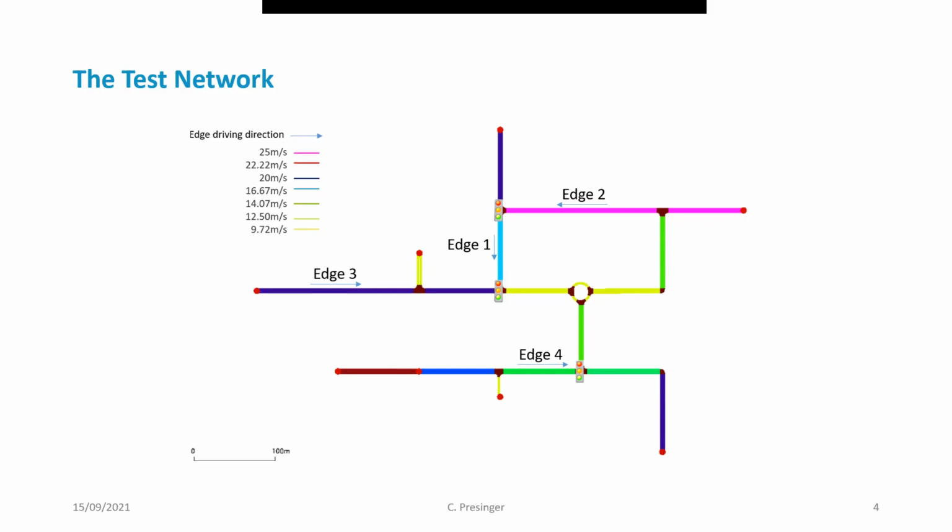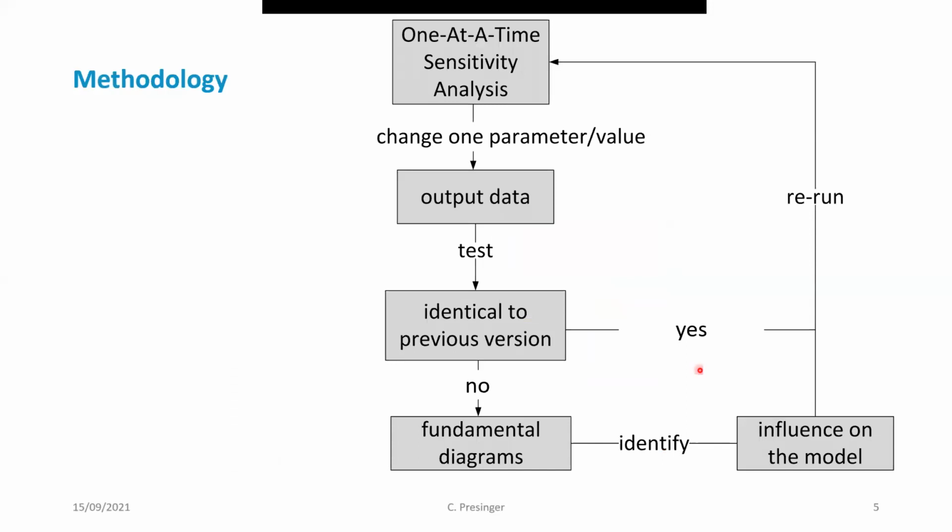parameters. The question is now, how did I do it and why did I do it that way? So I chose, in the first step, I wanted a sensitivity analysis. I did a small literature research and I decided to change the value of one parameter at a time on this network.